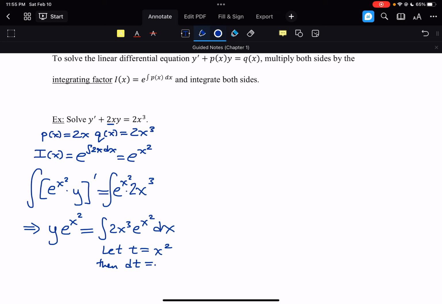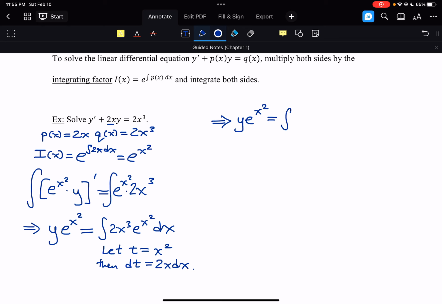Then dt is going to be 2x dx. Now, when we set it up this way, we have y e to the x squared equals the integral.